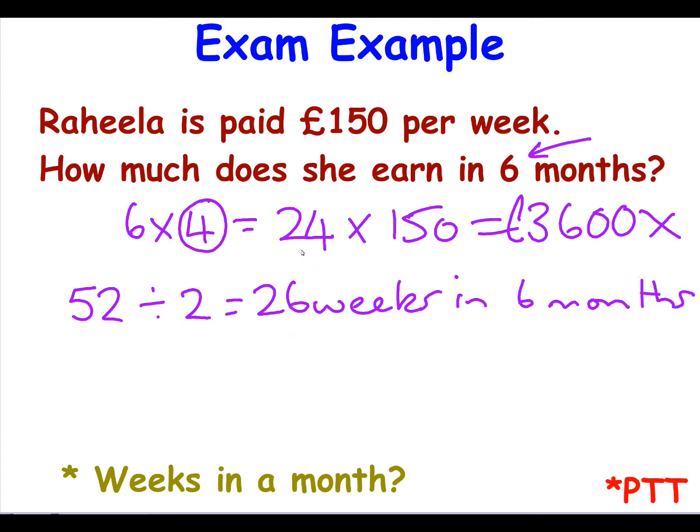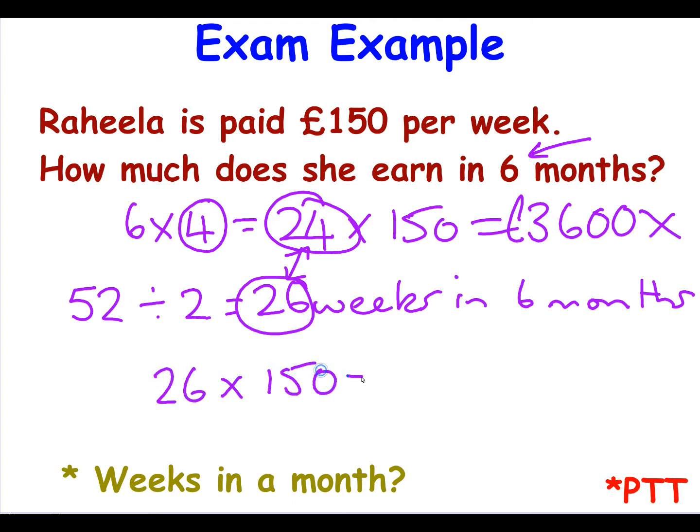And this will give you a more accurate answer. You see, it's not 24 weeks, it's actually 26 weeks in 6 months. Therefore, 26 times 150 gives you the correct answer of £3,900.